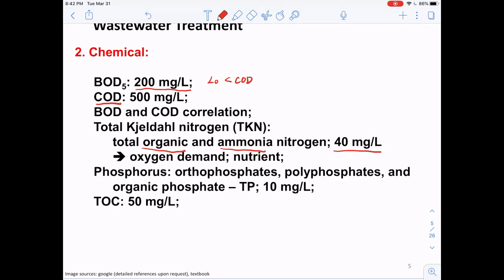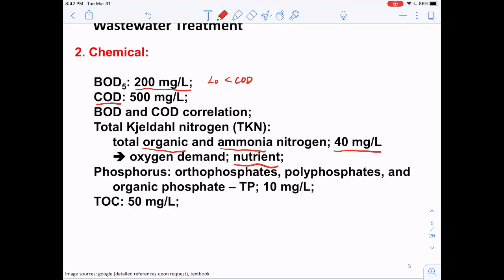But at the same time, the nitrogen will exist as a nutrient, right? So it can be utilized by algae, causing algae blooms, and that will further reduce the water quality by forming a lot of biomass. And phosphorus can exist as orthophosphates, polyphosphates, and organic phosphates.